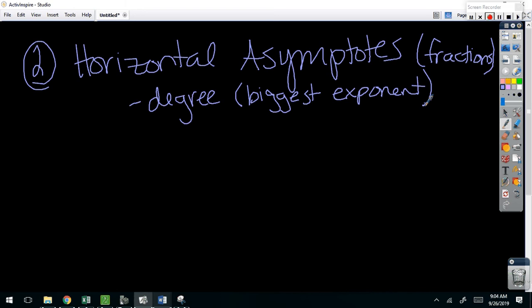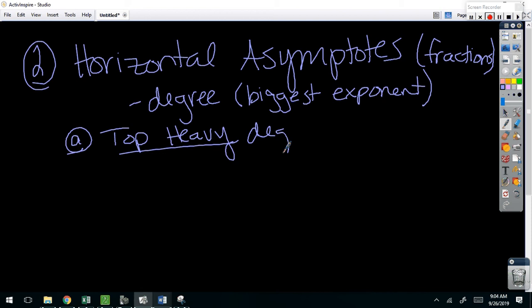So we have 3 scenarios that can happen. Okay. Scenario 1, we'll put A, is that we're top heavy. Meaning the degree of the top is bigger than the degree of the bottom, because remember, I'm in a fraction, okay? Bigger than degree of the bottom. Let me show you an example.